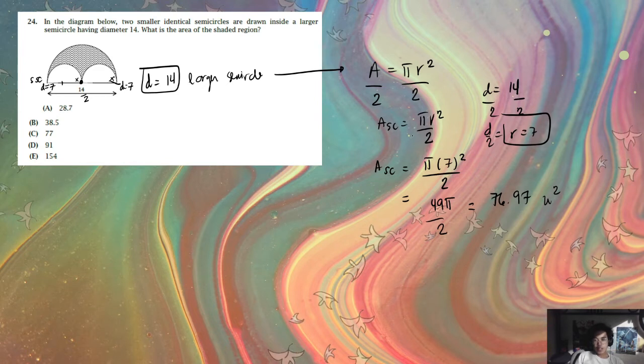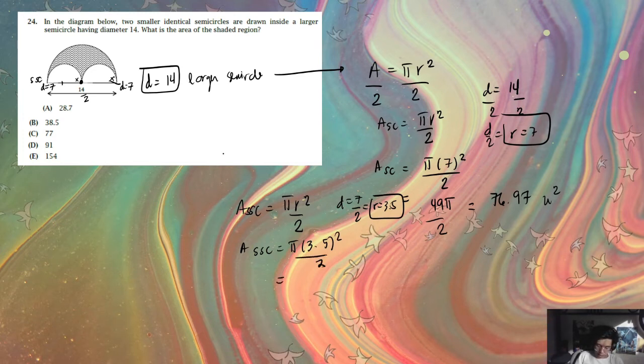Now, using the same formula for the area of a semicircle, pi r squared divided by 2, since we know that the diameter is equal to 7, we divide that by 2, so the radius is equal to 3.5. So the area of each smaller semicircle is pi times 3.5 squared divided by 2.